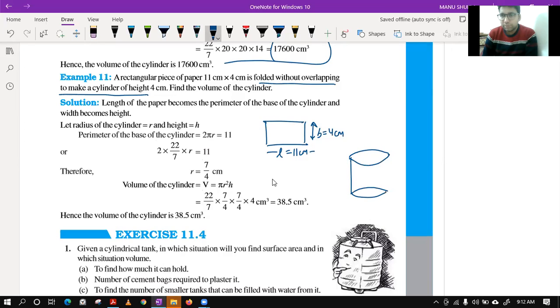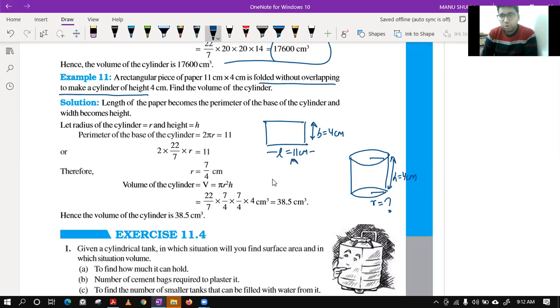Now you have to use the concept that we have discussed in the previous question. For the new cylinder formed, the r is not given to you, and the height is given, it is 4 only.